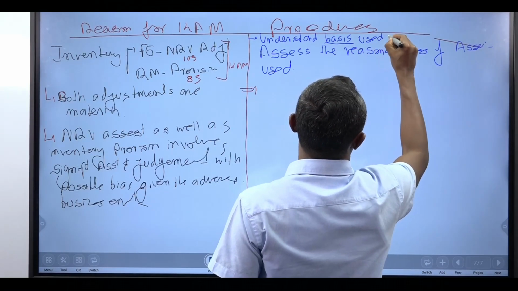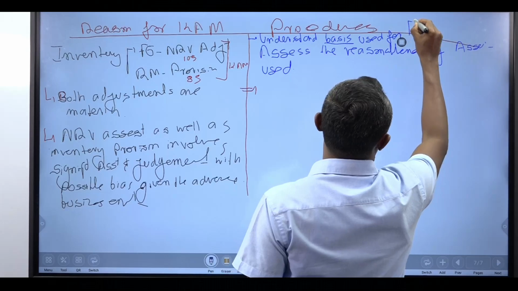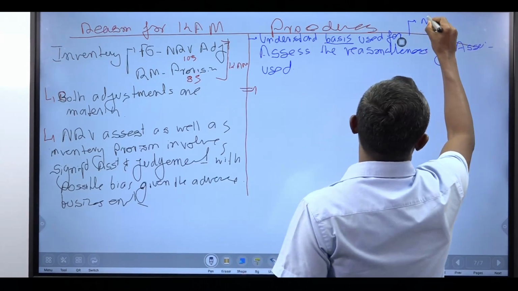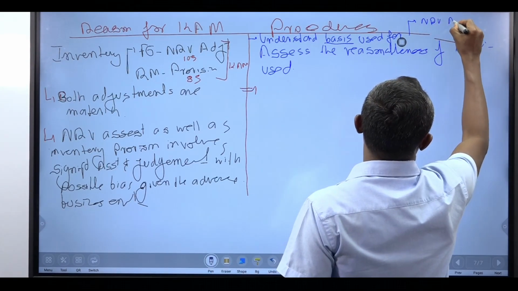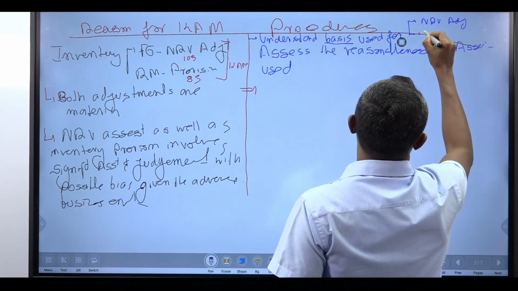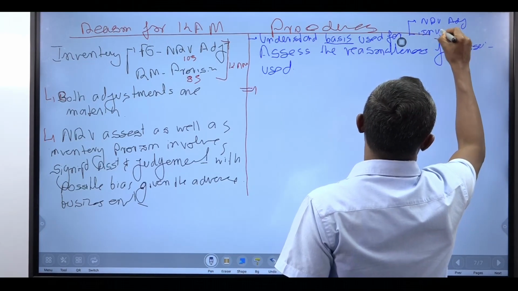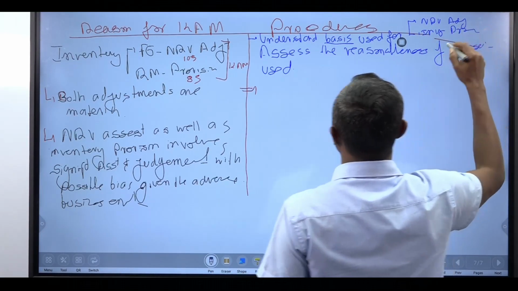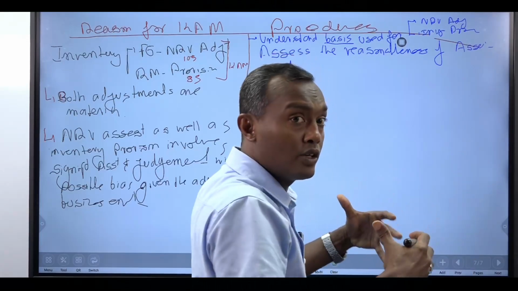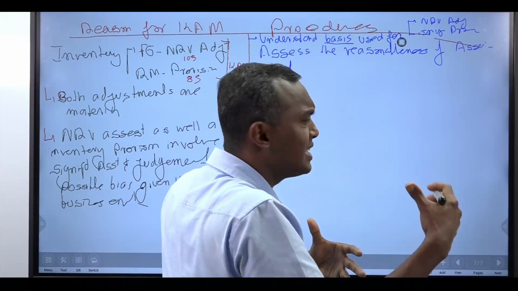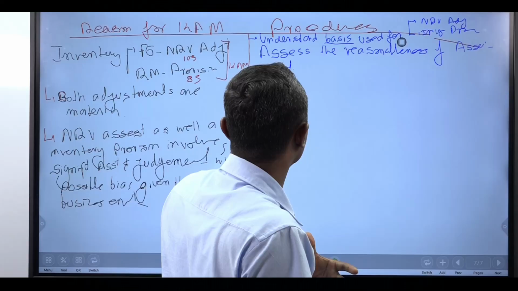Use it for both: one is the NRV adjustment, the other one is the inventory provision. Now when they explain this is our basis, then inside that you look at the calculation and see what the assumption is, what the assumed selling price is.